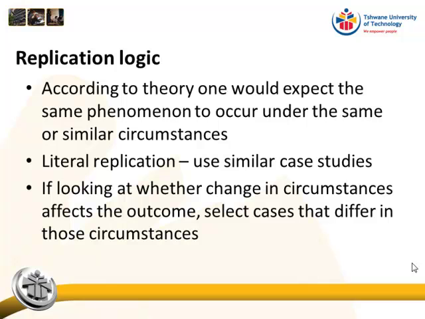But if you are looking at whether a change in circumstances affects the outcome, then you select cases that differ, right? So now I've got a theory that says these are the measures of success for a youth type of program.